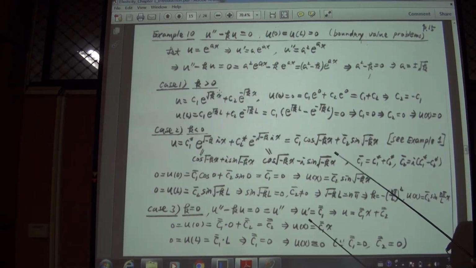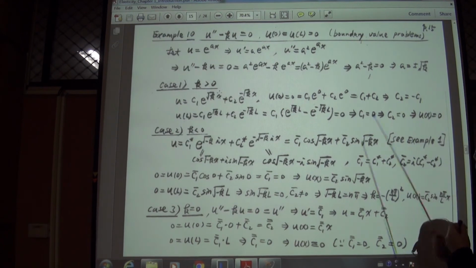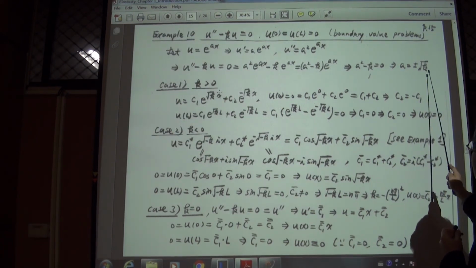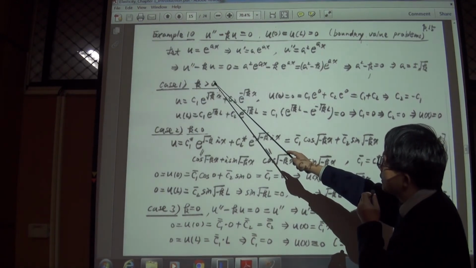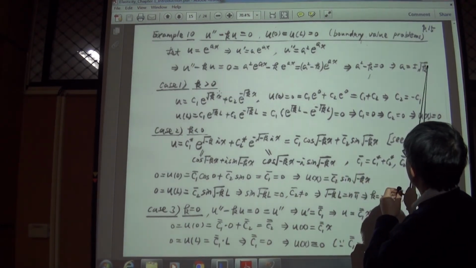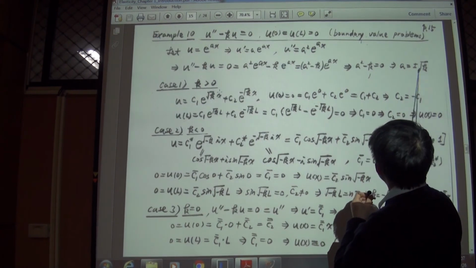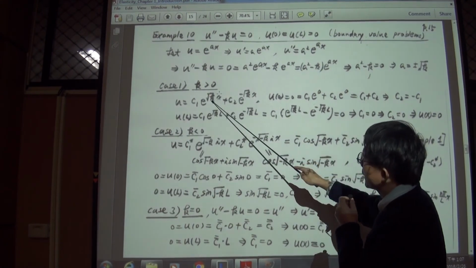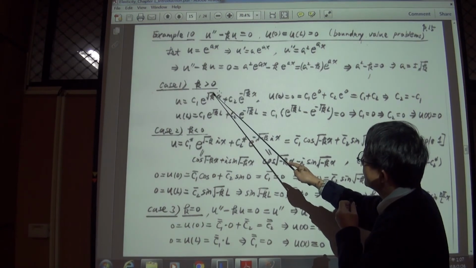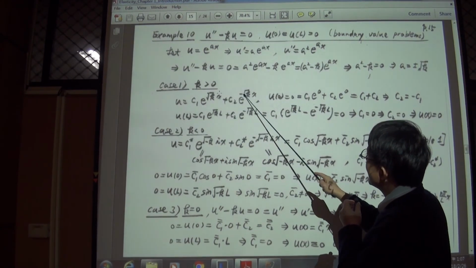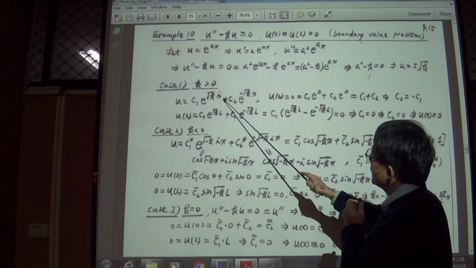Okay? You can figure it out by yourself. It's easy. When k is positive, we have this one. We put it back here, k positive, and then positive square root k and minus square root k here.